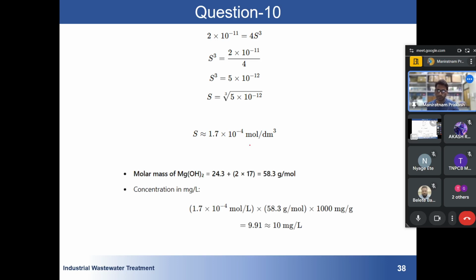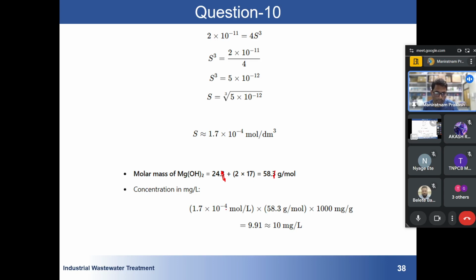Then we already know that its molecular weight will be 24 plus 2 into 17, that will be 58 gram per mole. So we have to convert this mole into milligram per liter. So 1.7 into 10 to the power minus 4 mole, I have multiplied by its molecular weight, that is 58 gram per mole, and we know that we have to report our answer in milligram.